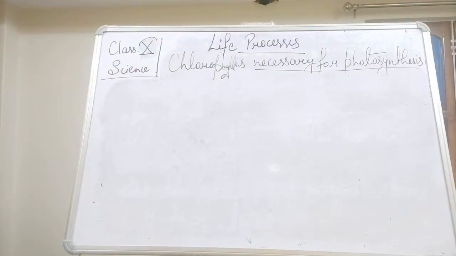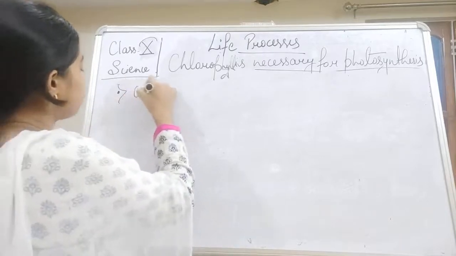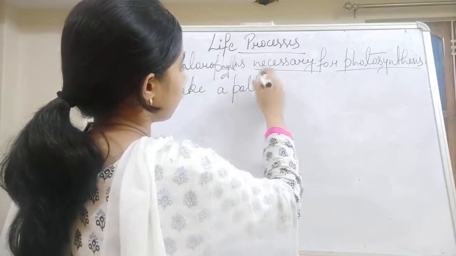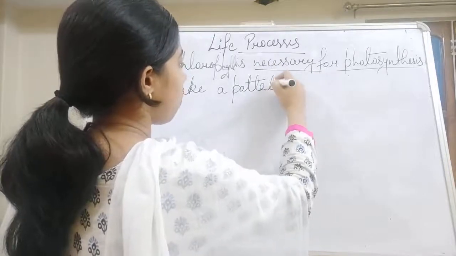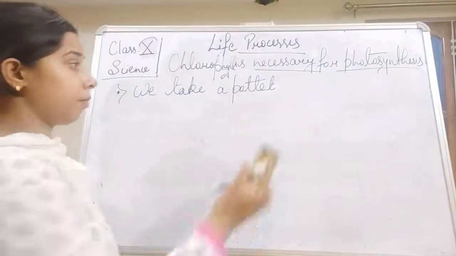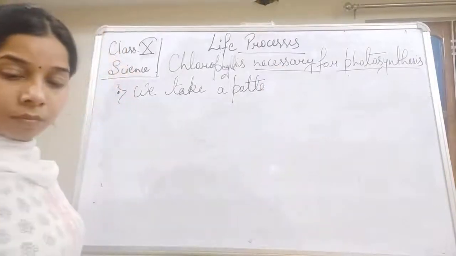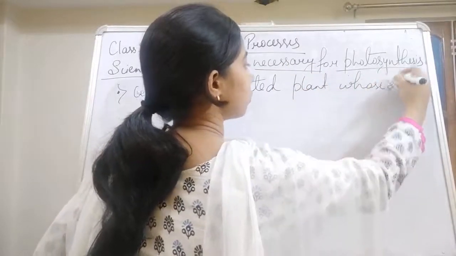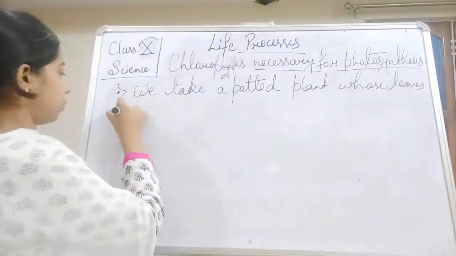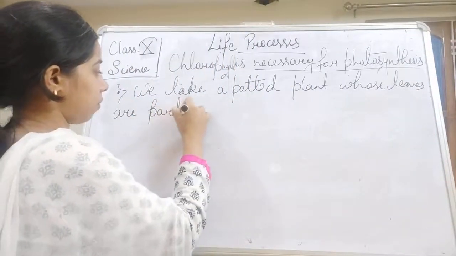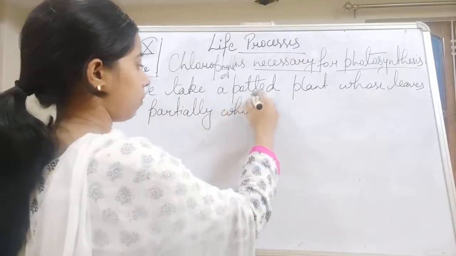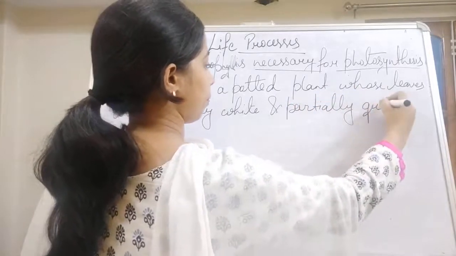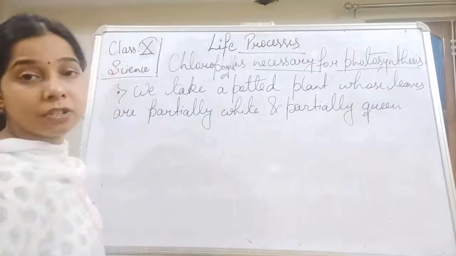Okay, so we'll take a potted plant which is partially white and partially green.